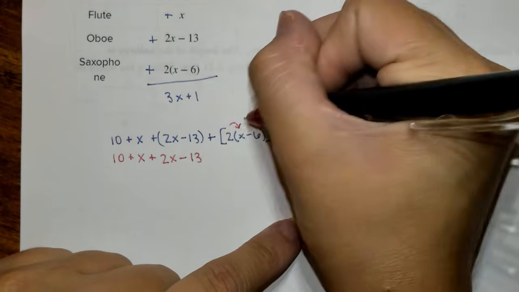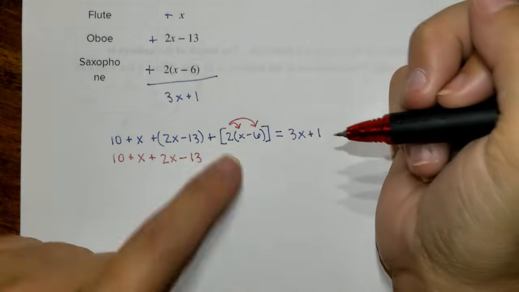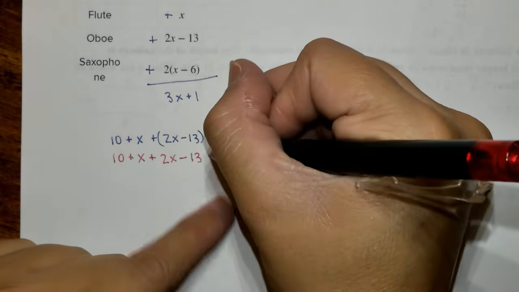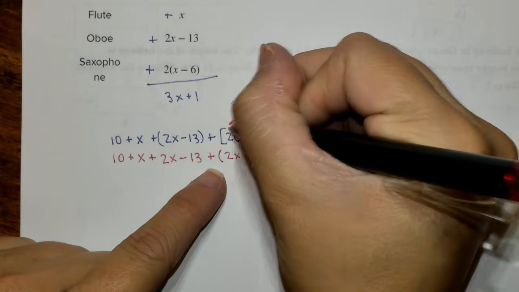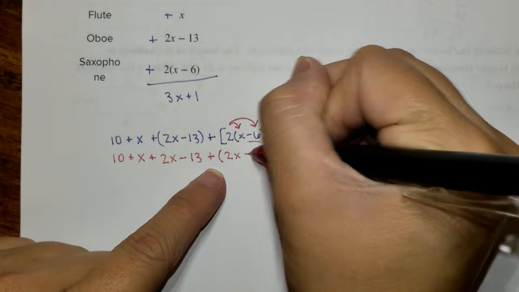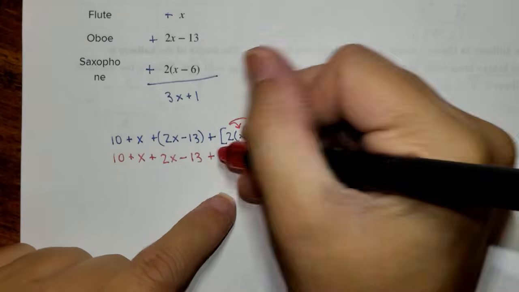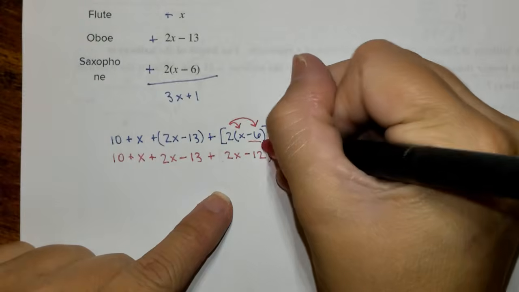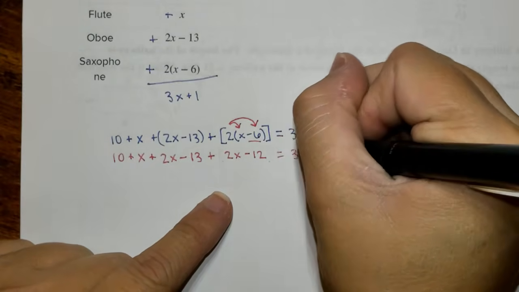So I have to distribute. 2 times x is 2x. So there's a plus sign here. 2 times negative 6 is negative 12. Again, because there's a plus sign in front of these parentheses, I can just drop the parentheses. Okay, and that equals 3x plus 1.